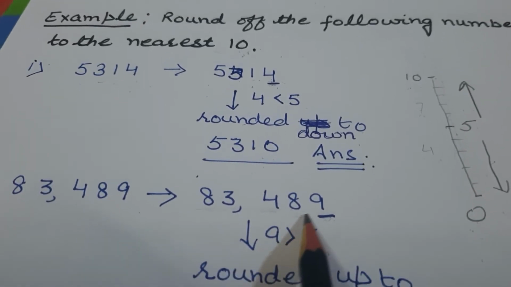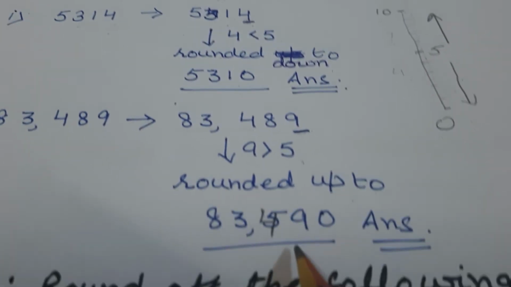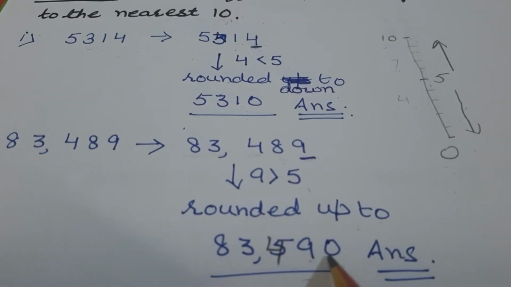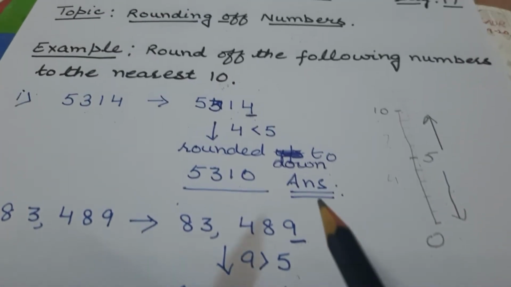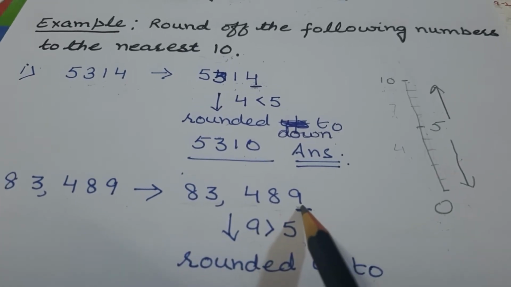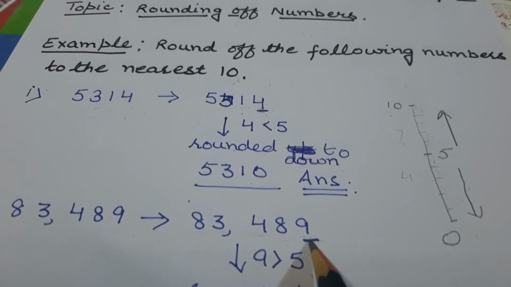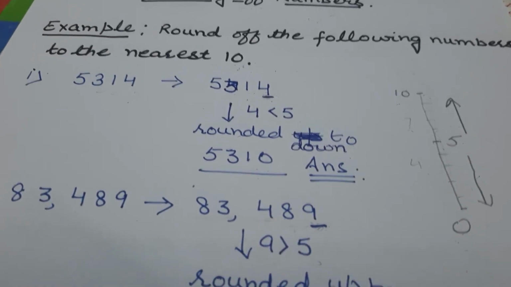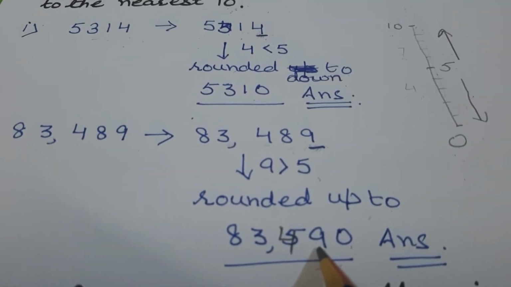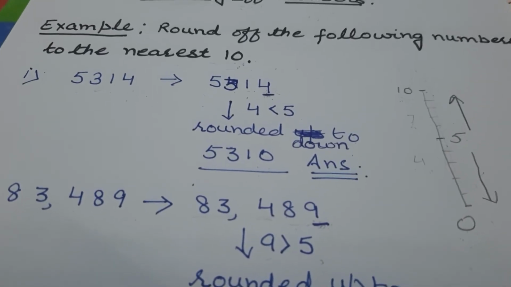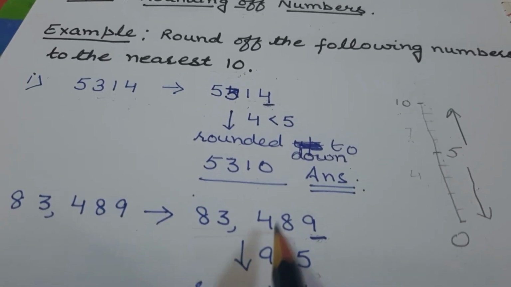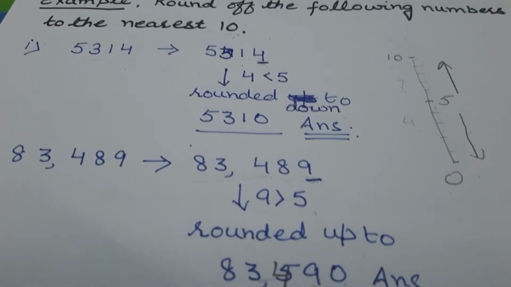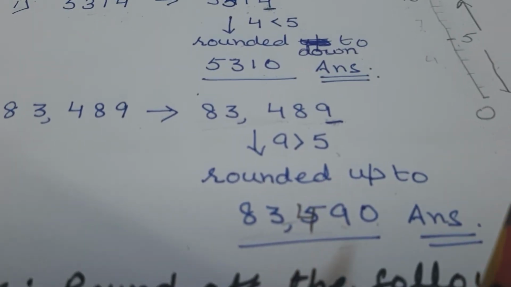It means this 89 will become 90. Because this 9 will be converted into 10, so one carry will be there. So this 8 will become 9. Rest number will be same before tens. I hope it is clear to all.